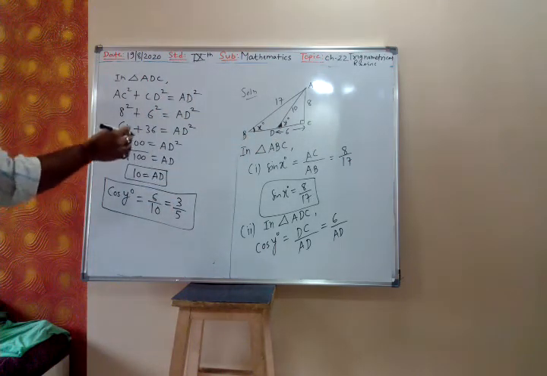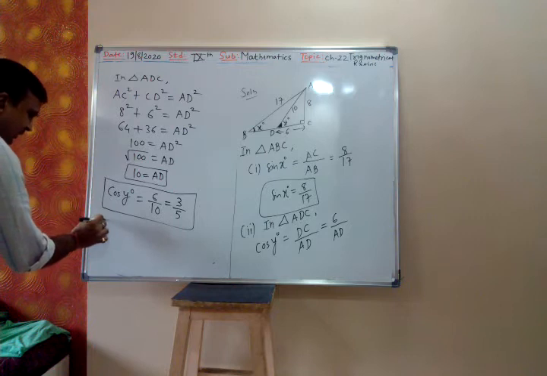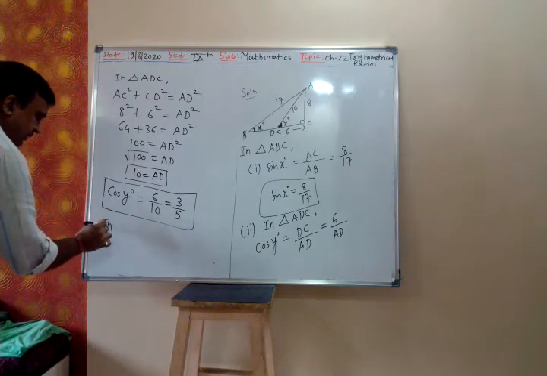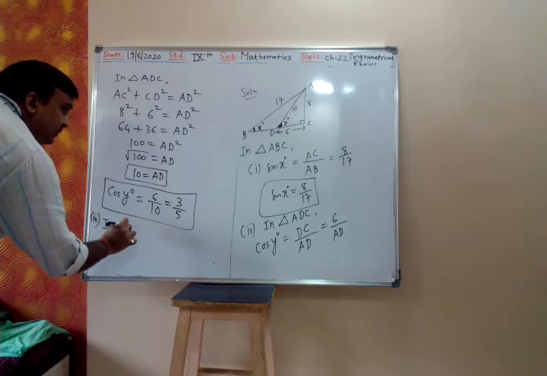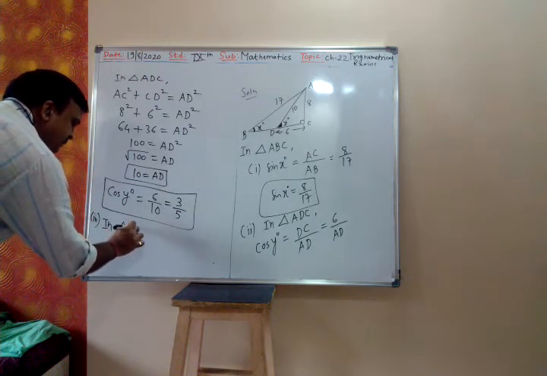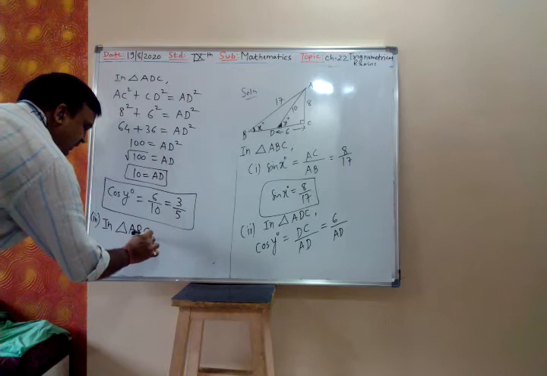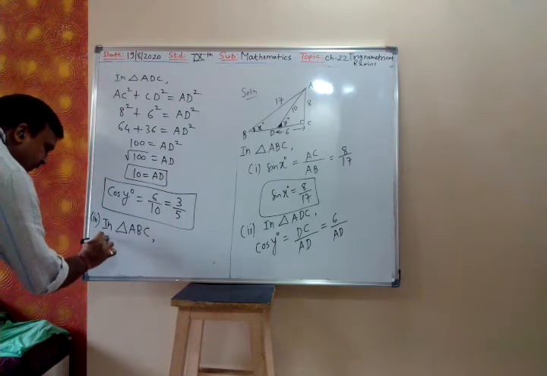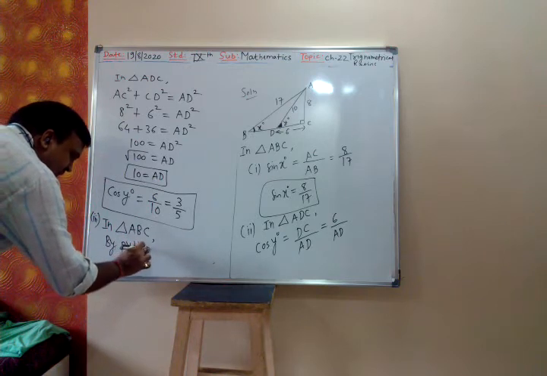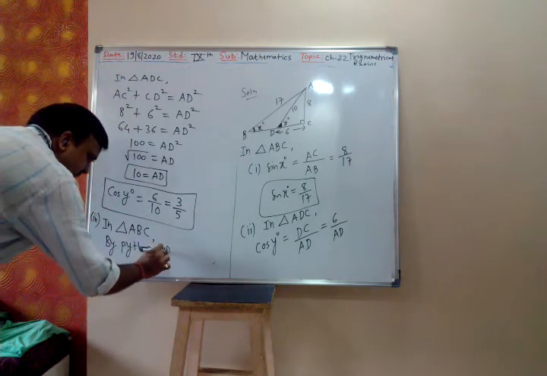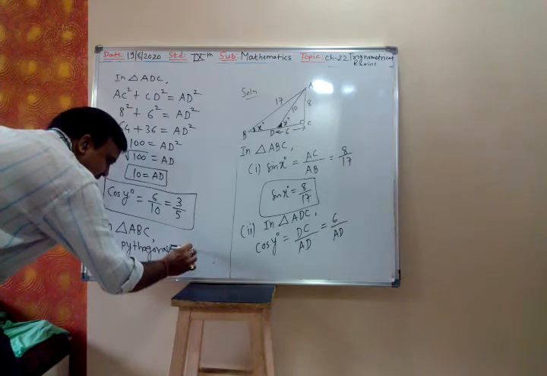So before we find tan x degree, let us consider the bigger triangle ABC and use Pythagoras theorem. In triangle ABC, by Pythagoras theorem, we find the base.